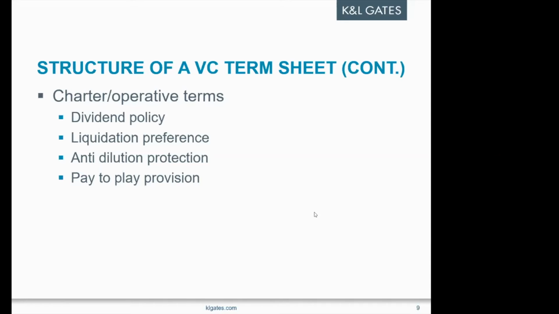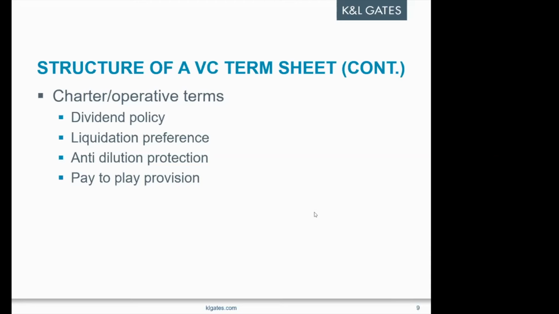In the non-participating preference, this is pretty straightforward, as the liquidation preference will be calculated based on the investment amount multiplied by a liquidation multiple that's agreed between the parties from the outset. In the participating preference, the investor will have 2 options.